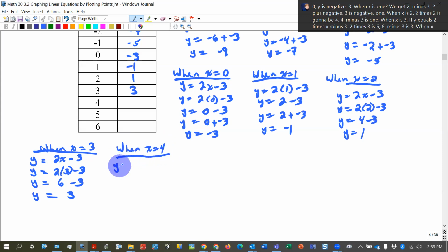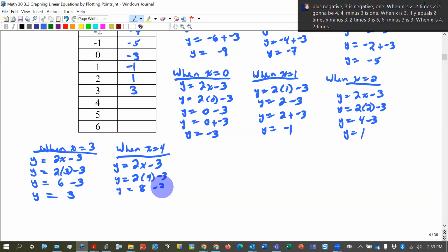When x is 4, two times 4 is 8. 8 minus 3 is 5.